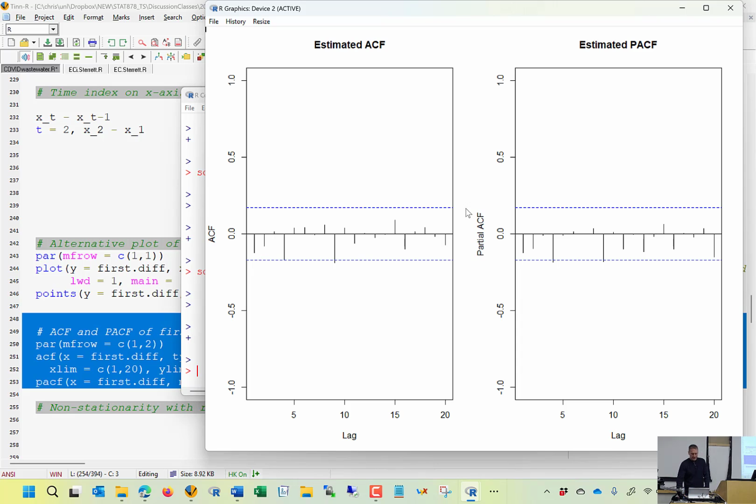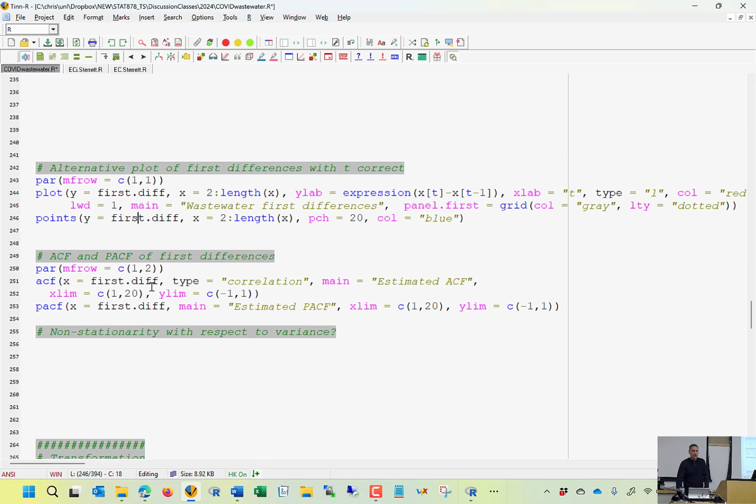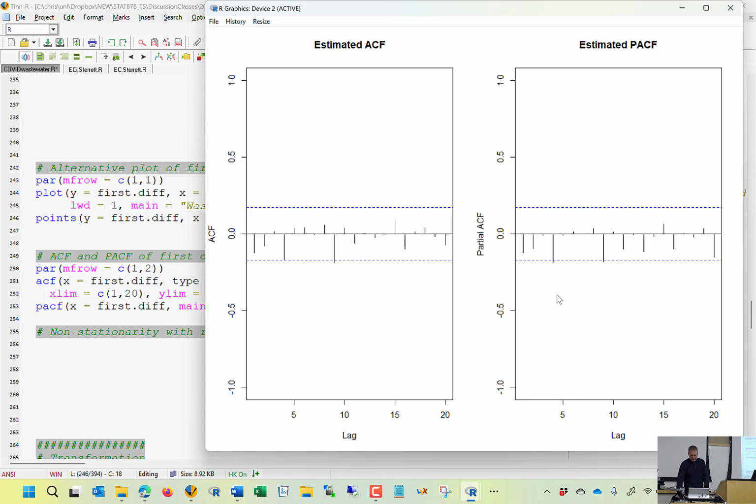Okay. We do have some marginally significant autocorrelations, partial autocorrelations. Is there a reason why those ACF and PACF plots are very much similar? Yeah, when I first saw that, I was like, well, geez, that's surprising.